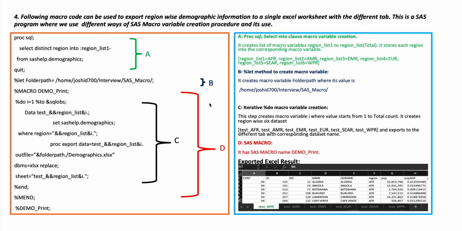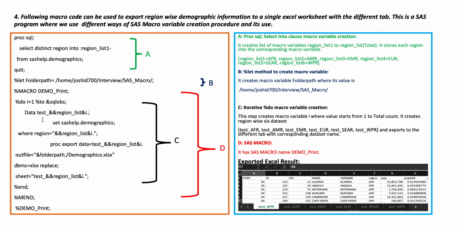Let me explain how it works. First step is it stores all regions into macro variables region_list1 to region_list6. Then next one is the %do method that takes, first of all, the value I equals 1, that resolves the value AFR.